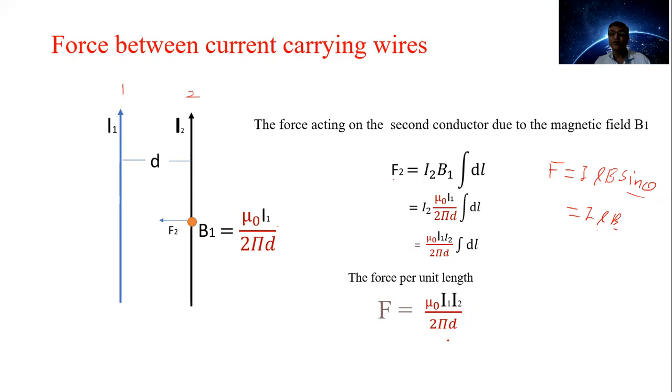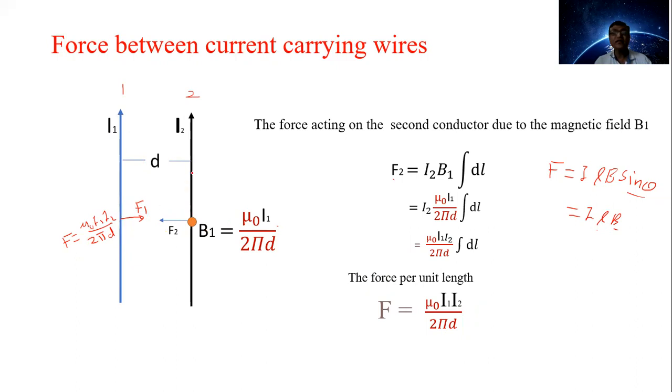Similarly, in the same way, the force per unit length acting on the first wire is also mu 0 I1 I2 upon 2 pi d, and it is directed towards the second conductor. Here we can consider this as F1.